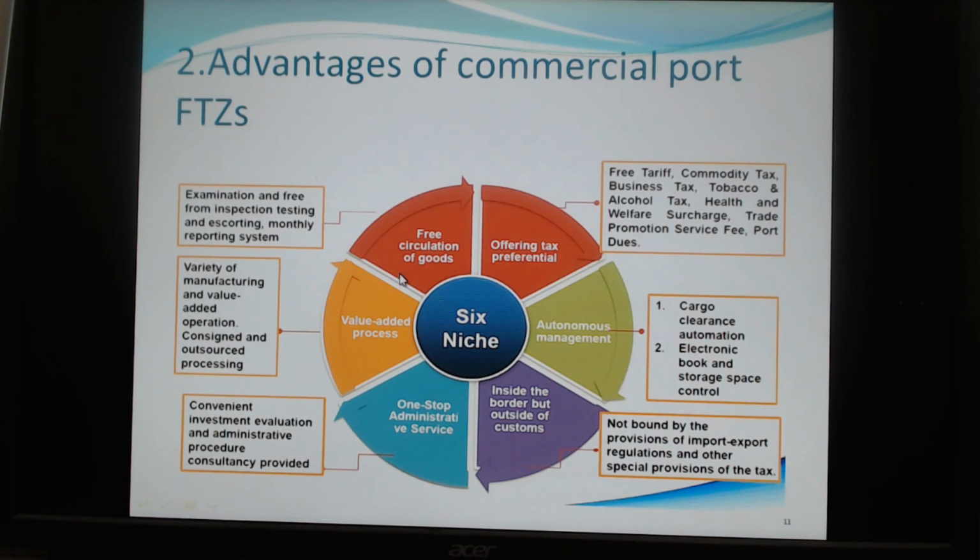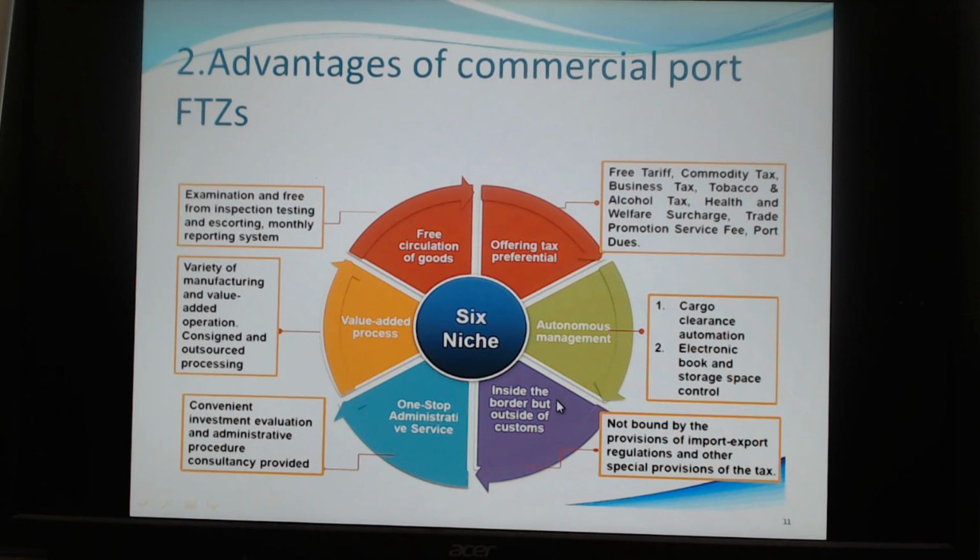Okay, here just shows you some advantages of the commercial port free zone, including overlaying tax preferences and autonomous management. So, for example, a warehouse or container terminal can do customs clearance by themselves.